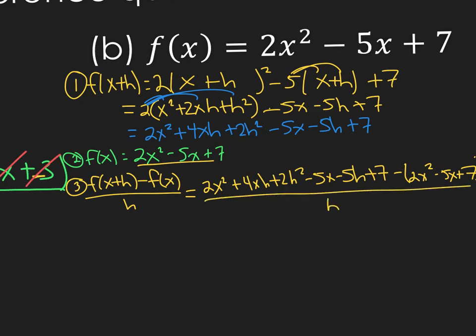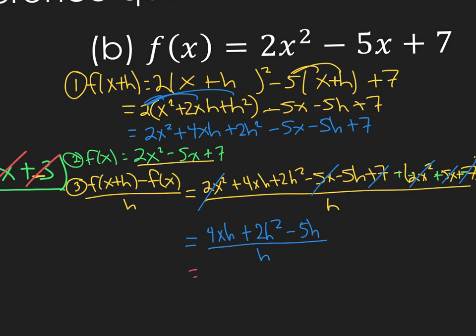Now remember, we're going to distribute this negative or change all those signs in those parentheses, and let's see what happens. 2x squareds are canceled, the 5x's are canceled, and the 7's are canceled. So that means all we have remaining is the 4xh plus 2h squared minus 5h all over h.